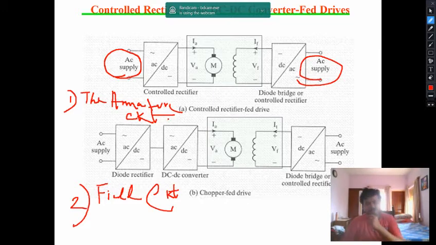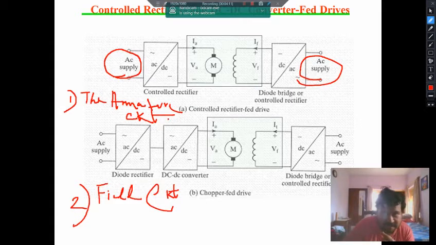In a separately excited DC motor, the armature circuit and the field circuit are different, but commercially we only have an AC supply.